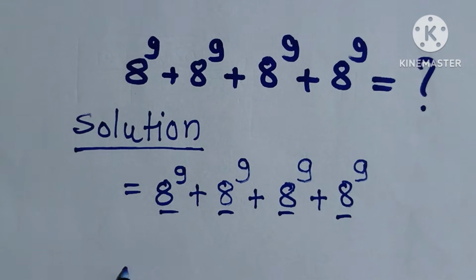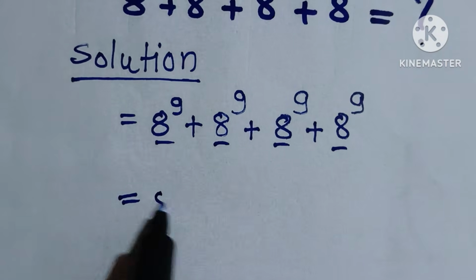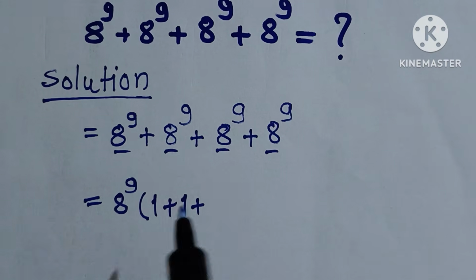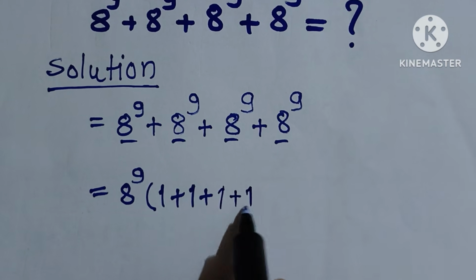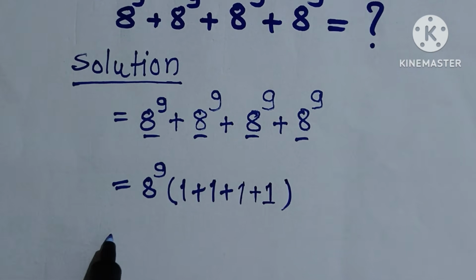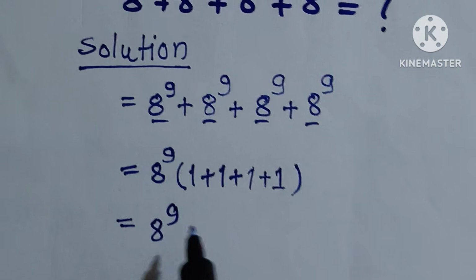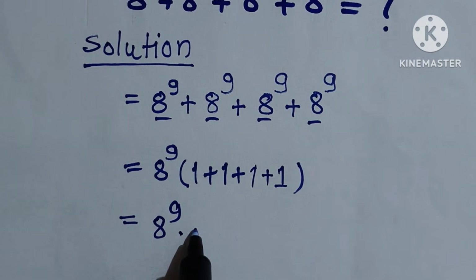So we will take common 8 raised to power 9. 8 raised to power 9 into (1 plus 1 plus 1 plus 1), that is 4.